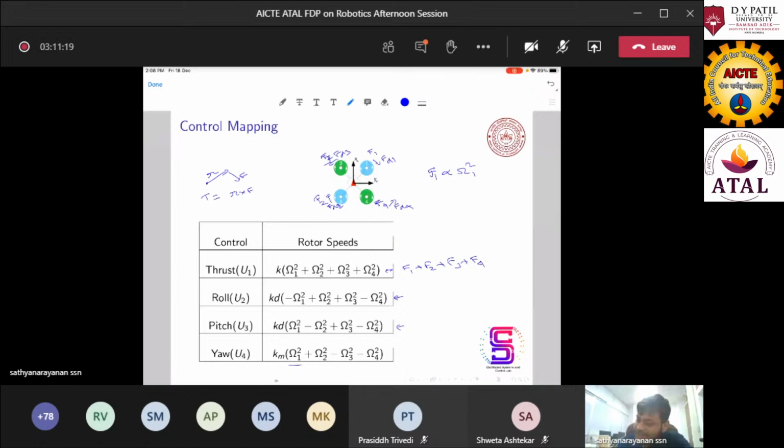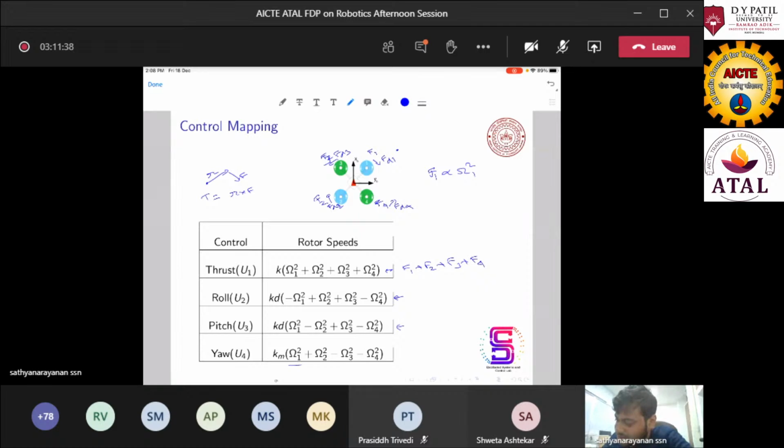If you do R cross F, then you will see that for the first rotor the moment will be downwards, and for the second one it is also downward.